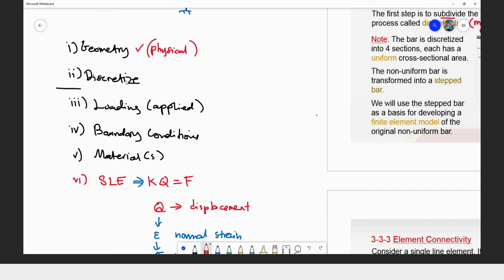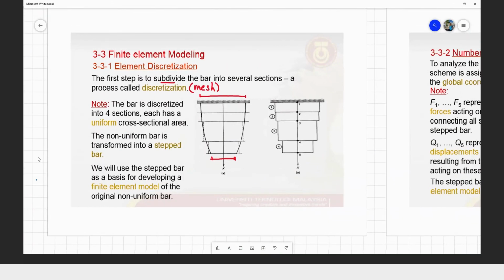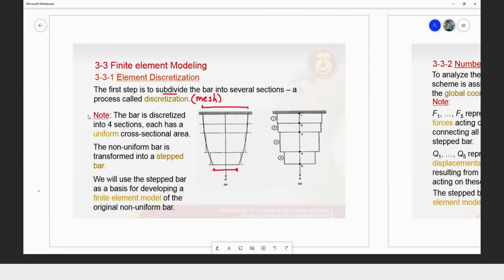And then we have to discretize. So how should we discretize our geometry? In this case, it's mentioned here, the bar that we have, the non-uniform bar, is discretized into 4 sections.